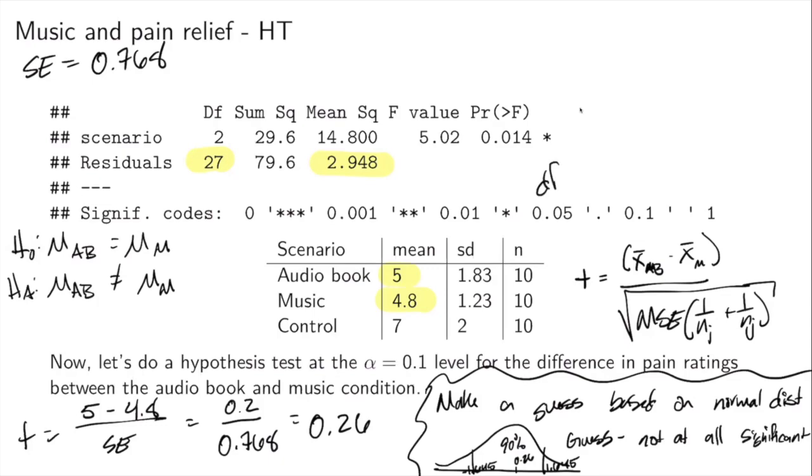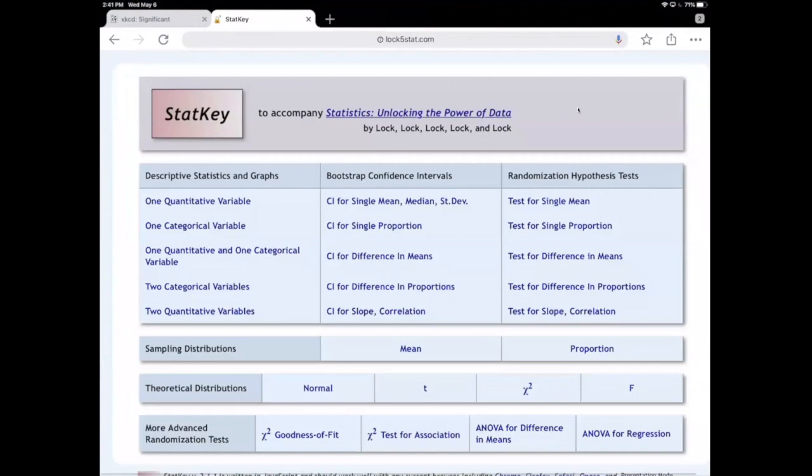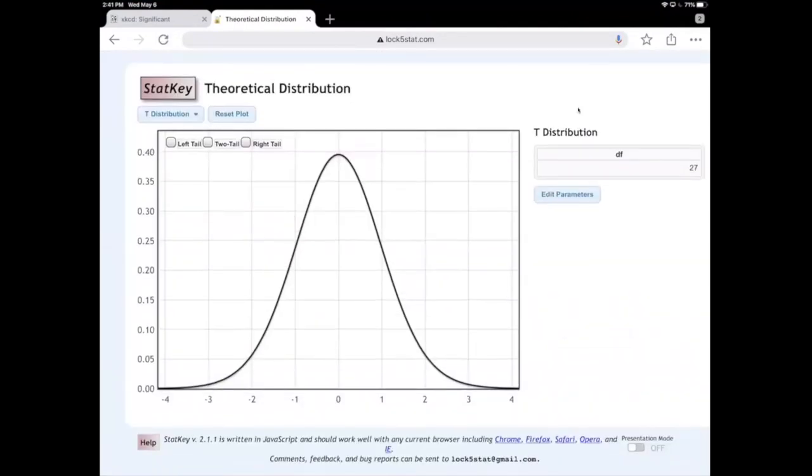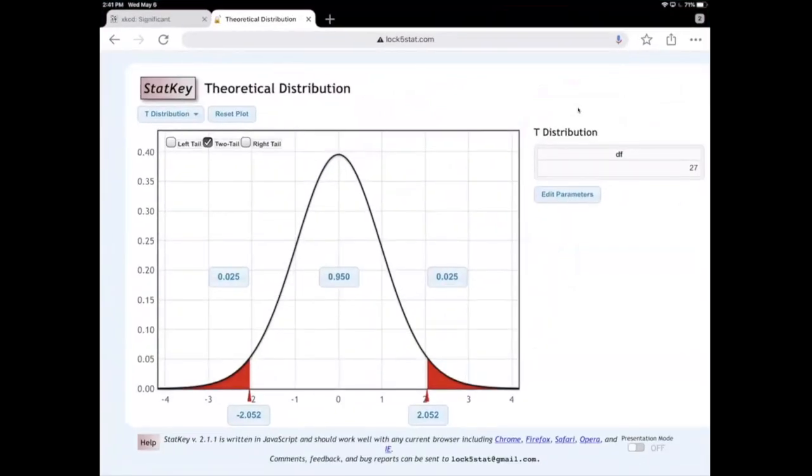So we're still going to use the 27 degrees of freedom, and we could go back to StatKey to figure out that p-value. Let's do it. I'm going to click on the t distribution and put in 27 degrees of freedom. And then I am doing a two-tail test because I have the not equals in my alternative hypothesis. Then I'm going to substitute in at the bottom, instead of that 2.052, my test statistic, which was 0.26.